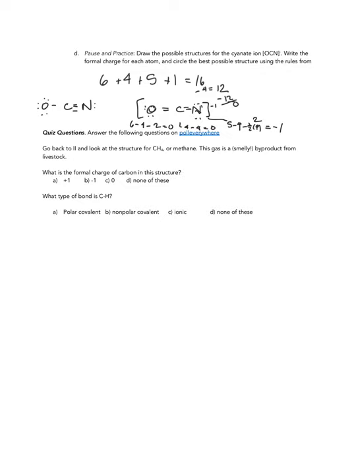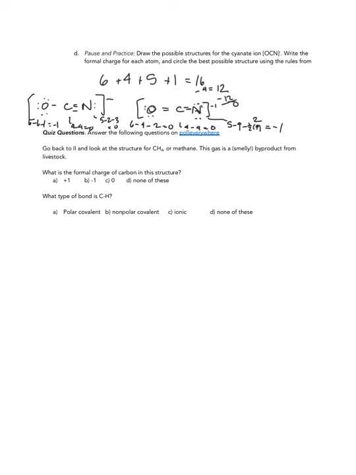So for oxygen, we get 6 minus 6 minus 1 equals a charge of -1. Carbon, 4 minus 4 equals 0. And then for nitrogen, 5 minus 2 minus 3 gives us 0. So we've got -1 again, and we have 1 charge on 1 atom, but this time it's on the oxygen, which is more electronegative. So this structure already is looking better than the one we saw in the center.